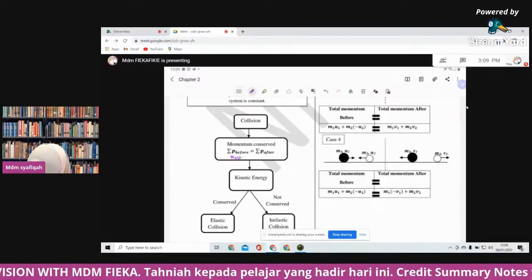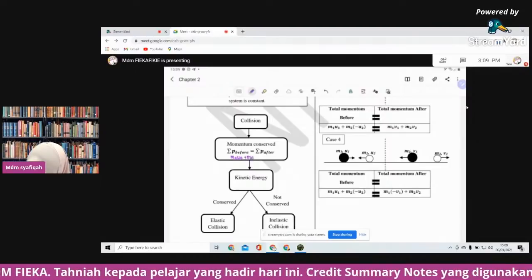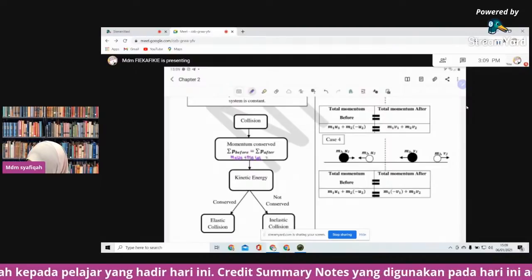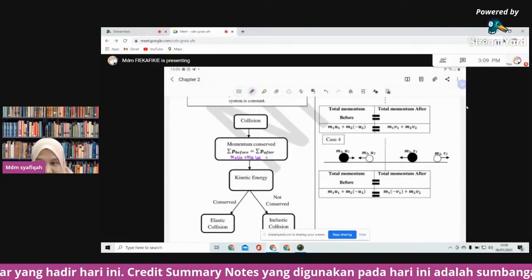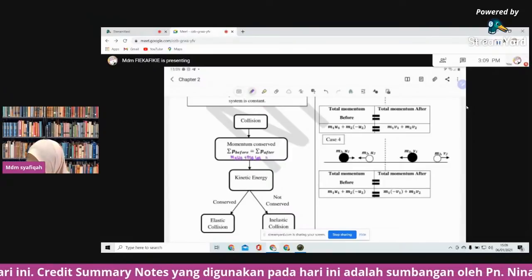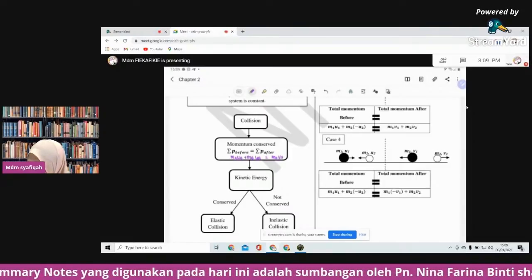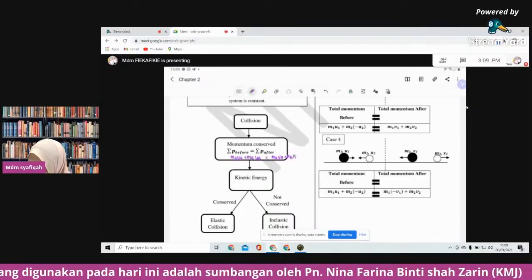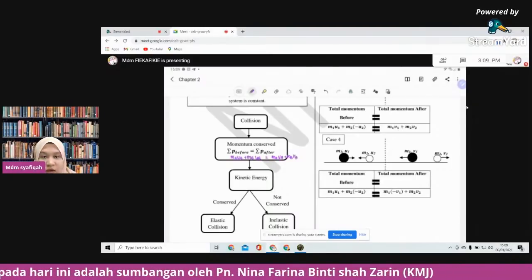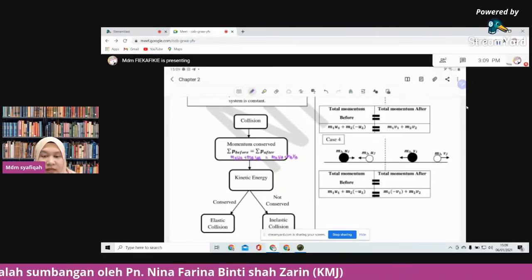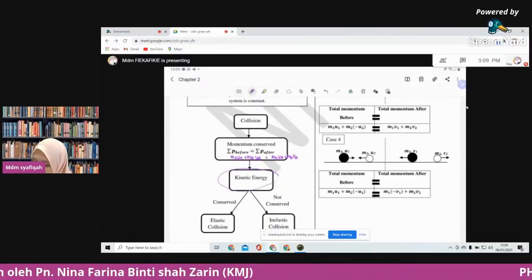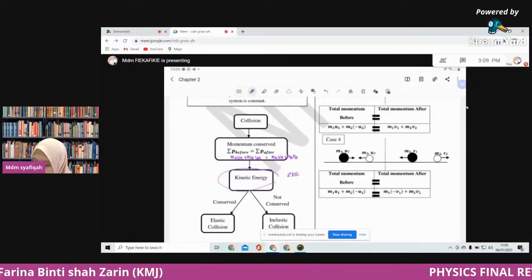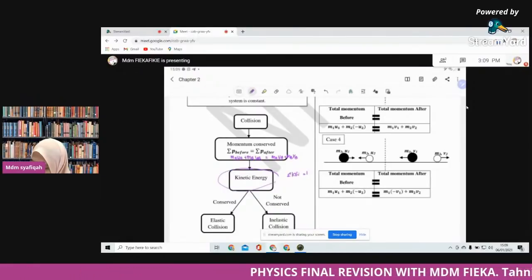MaUa plus MbUb is equal to, let's say they are moving separately, MaVa plus MbVb. So now the collision. How about the kinetic energy? Total kinetic energy initial sama tak dengan total kinetic energy final? Patah balik.